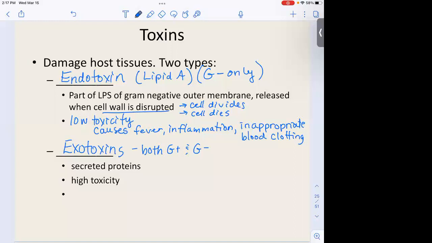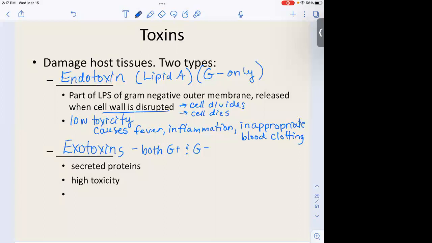So what I was saying is, how are exotoxins different than extracellular enzymes? The answer is that there's actually a little bit of gray area there. Sometimes there could be a molecule that could be considered both, but in general, extracellular enzymes only act right next to the cell that secretes it. The cell secretes it and it acts locally, whereas an exotoxin is going to have system-wide effects on a host.